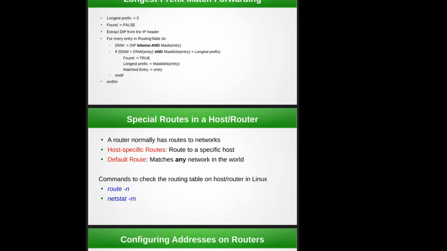So the net mask for that routing table entry will be 255.255.255.255. So it will always be the longest prefix. So if you have a host specific route, that's the first one that's matched. And the default route is the last one that's matched. Okay, that's basically how it works.